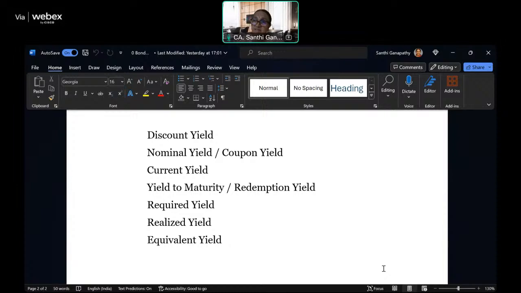That is, the income part is taken, but capital appreciation is not taken. This is one flaw. Another flaw of this coupon yield, that is called nominal yield, only for namesake. The other problem is that I take face value and not the market price. So that is the issue which we have in nominal yield or coupon yield.